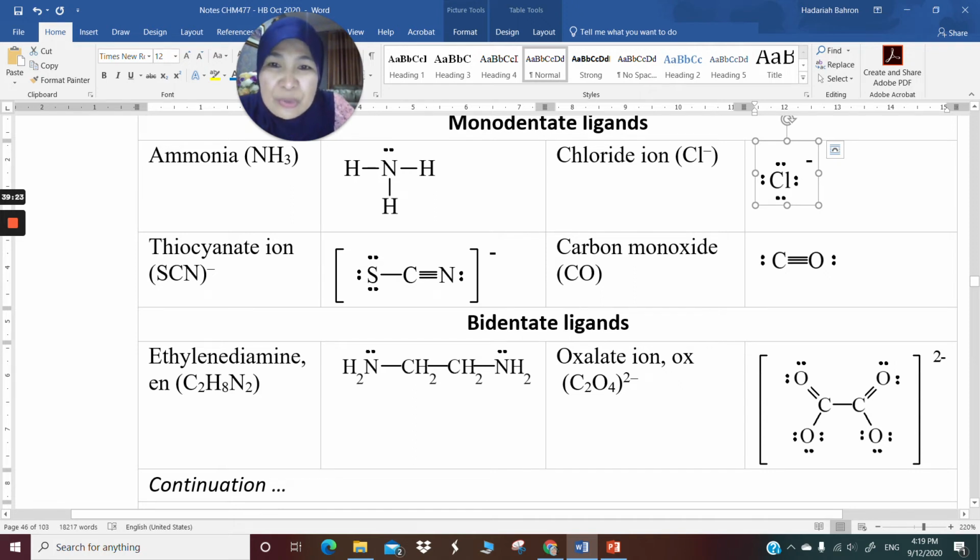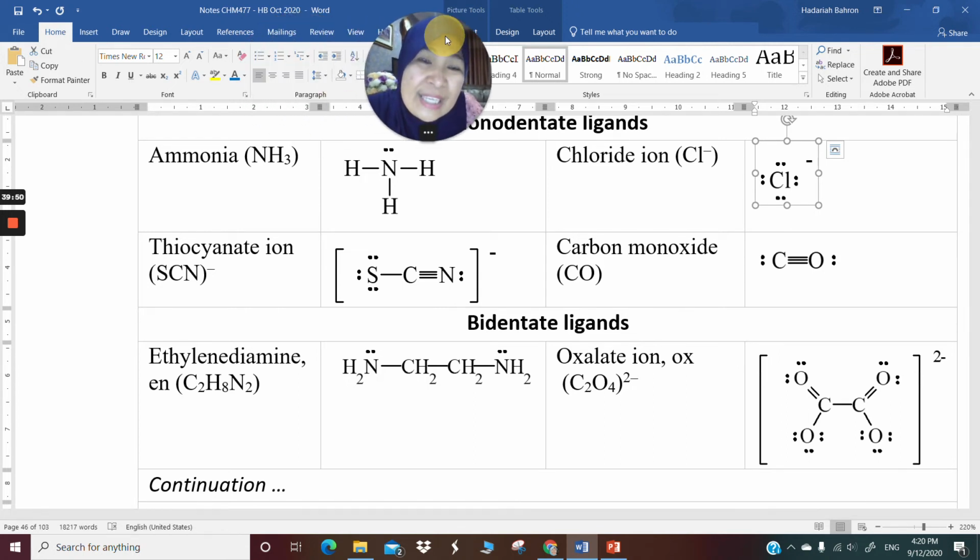So when you have a choice whether it is sulfur or nitrogen, carbon or oxygen, you have to choose which one is the most likely donor atom. Now, the most likely donor atom is the least electronegative atom. Between oxygen and carbon, oxygen is more electronegative, so it is not likely that oxygen will donate its electron to a metal.